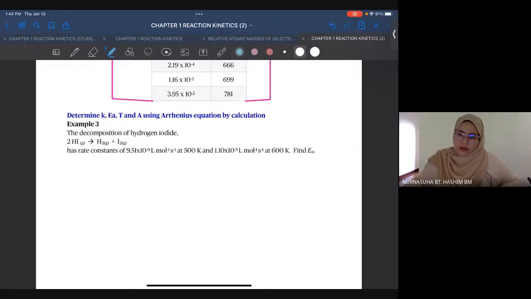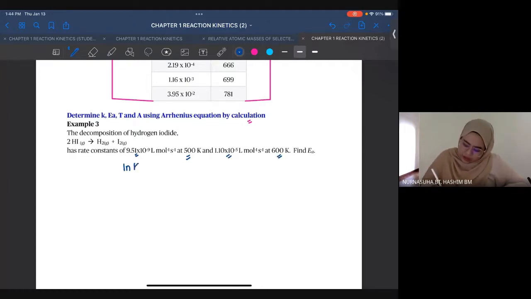Kita pergi pada next example, example 3. Okay, determine all these variables using calculation. Okay, so the last equation for this chapter is, kalau case ini dia ada rate constant here at this temperature and this one another rate constant at different temperature.